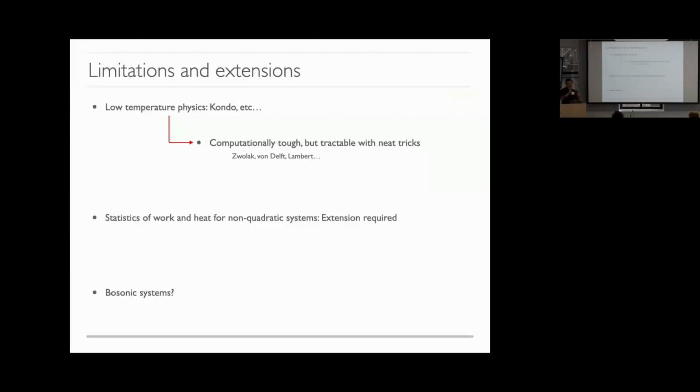And you need to pack a lot of modes around the Fermi level such that you can capture the correct physics. That could make the problem intractable. However, there's the beautiful work by Schwarz, von Delft, and Neil Lambert that showed that using this method, they managed to get all the nice Kondo phenomena like the Kondo conductance peaks and so on and so forth. Okay.